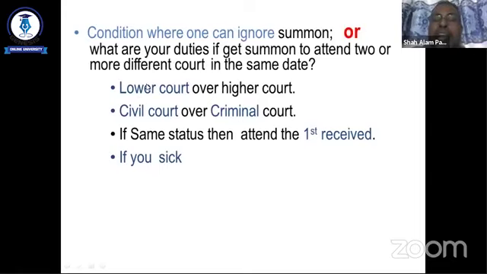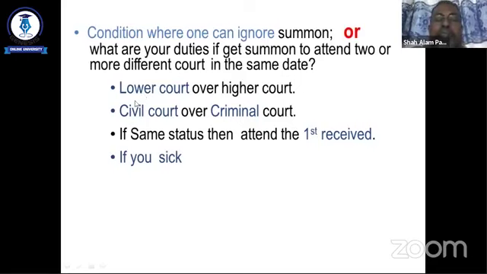You first attend the higher court with intimation to the lower court that on such and such date I have to attend the higher court, so please fix another time for me for giving evidence.